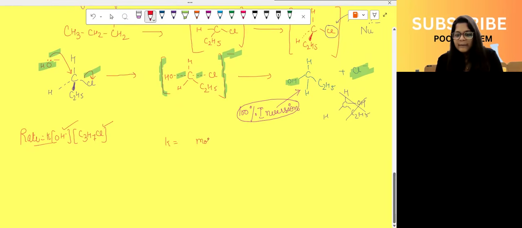So in this case, if you have to find out the SI unit of k, it will be rate, which is mole per dm cube per second, divided by mole per dm cube into mole per dm cube, right? So one cancels out. So it will become mole raised to the power -1, dm cube raised to the power 3, and second raised to the power -1.